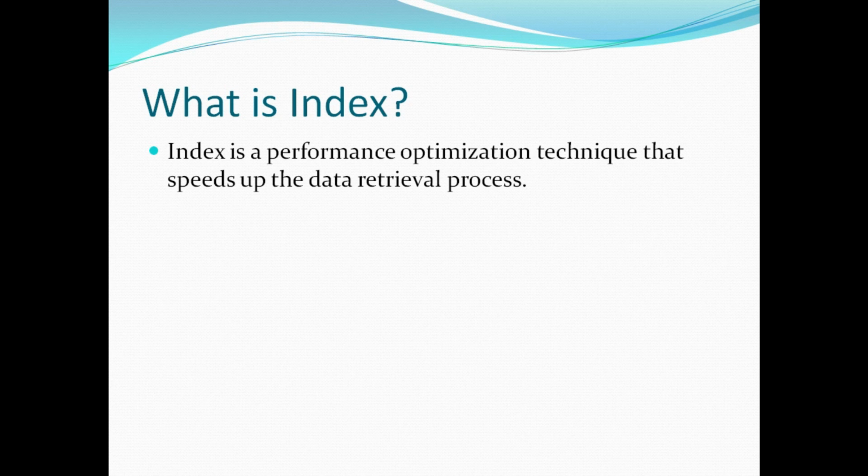So how does it work? To understand the index, first understand this example. You want to search for a certain topic, that is encapsulation, in a book. The first method is, starting from the first page, you browse and study each page to find the word encapsulation.